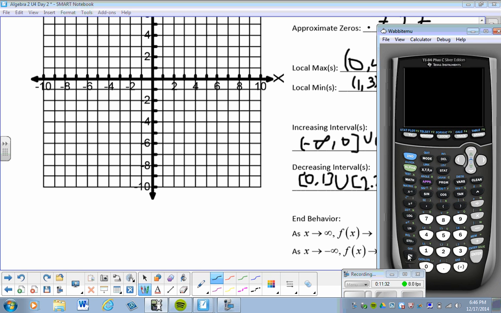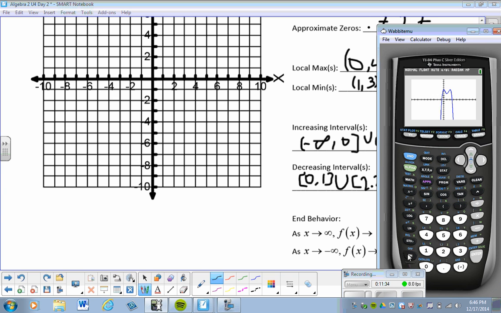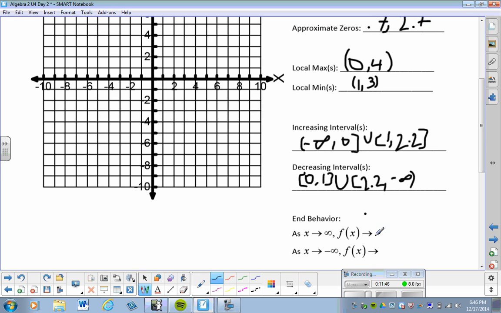And so this is an even degree, so the end behavior is the same. Okay, so our graph looks like this.